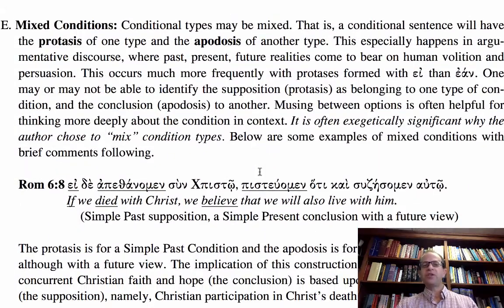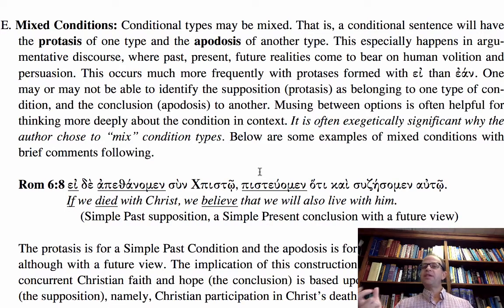Now mixed conditions occur quite frequently, and that is when the supposition will be of one type, one time frame, and then the conclusion will be of another. And studying the differences of semantics involved usually has exegetical significance. So here in Romans 6:8 we have a past simple condition, if we died with Christ, that is merged then with a present simple condition, we believe that we will also live with him.